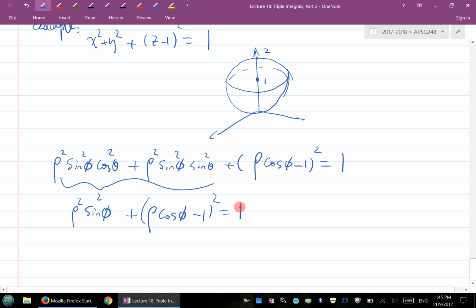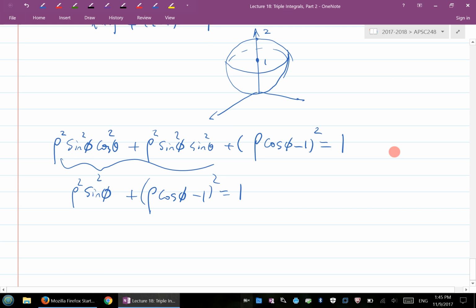So you basically get rho squared sine squared phi. And now I will expand this bracket. That gets rho squared cosine squared phi minus 2 rho cosine phi plus 1 equal to 1.